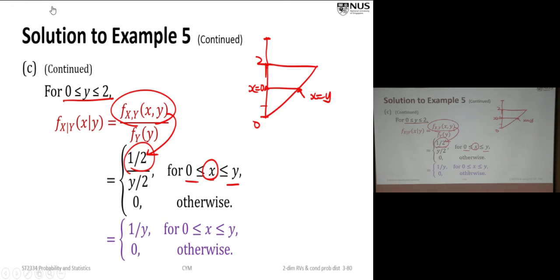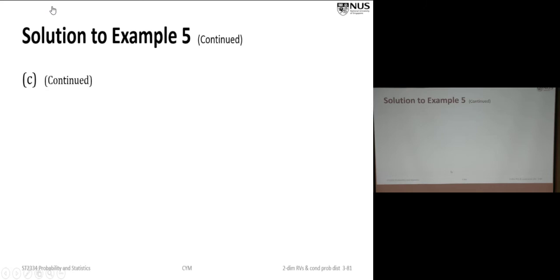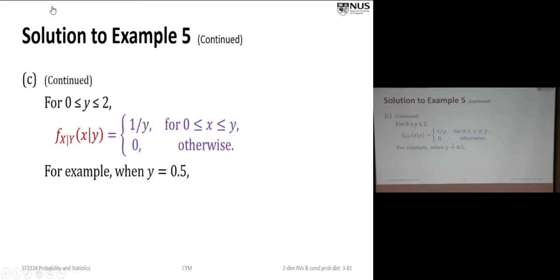Again, you can see that the conditional density of x given y does not depend on x. So it's uniform everywhere so long as x is between 0 and y. And it depends on y. Given y, it's equal to 1 over y. So for example, for y equal to 0.5, the conditional distribution of x given y equal to 0.5 is 2.